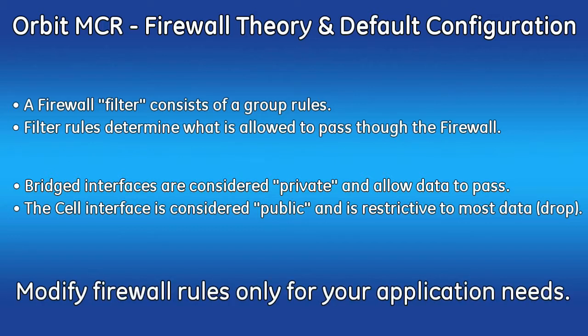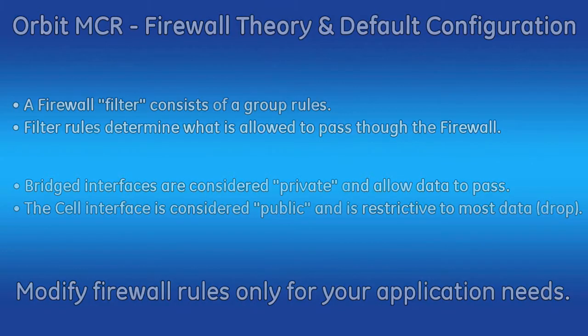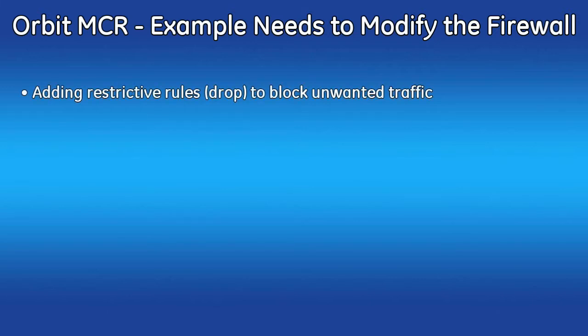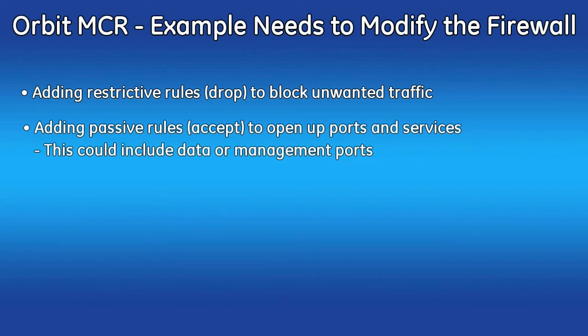Modifying of the firewall filters comes into play when these default rules do not work for your application. Example needs for firewall modification are adding drop rules to remove unwanted traffic coming over your bridge interface, such as multicast or broadcast traffic that can saturate your over-the-air links, or adding allow rules to open up TCP and UDP ports on your cellular interface for incoming data connections for polling or device management.